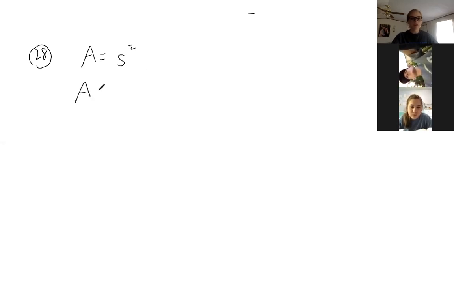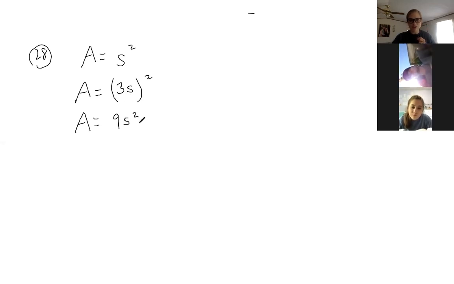So if I were to triple the side, be careful. That is not tripling the side. That is tripling the area. If we were to triple the side, we are only multiplying 3 times the s, and then we're squaring that. So what happens to the area? 3s squared is going to be 9s squared.